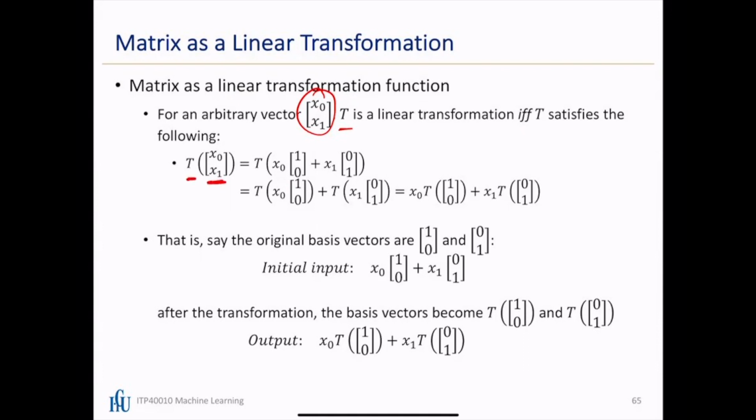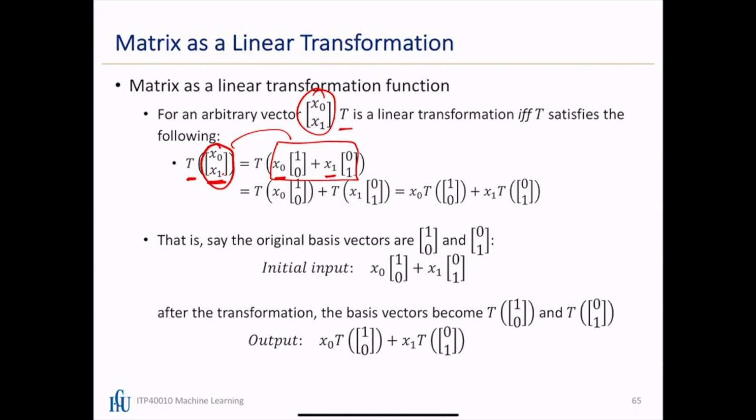And this vector can be rewritten as a scalar multiplication of (1, 0) and a scalar multiplication of (0, 1), each of them multiplied by x0 and x1. So the original vector is the same as this. This is clear, right? And we want to satisfy the property of linear transformation.